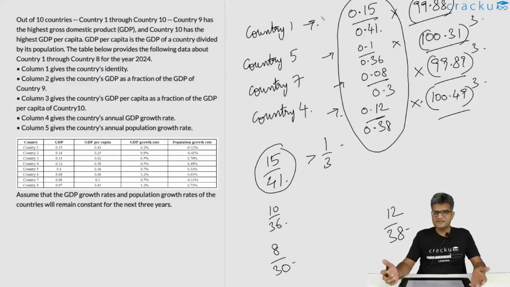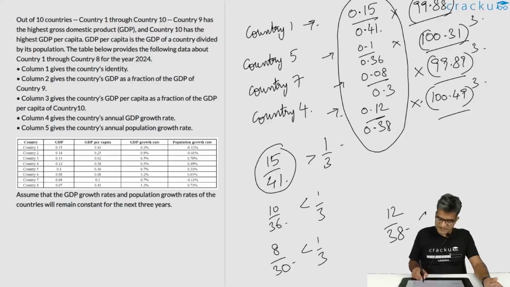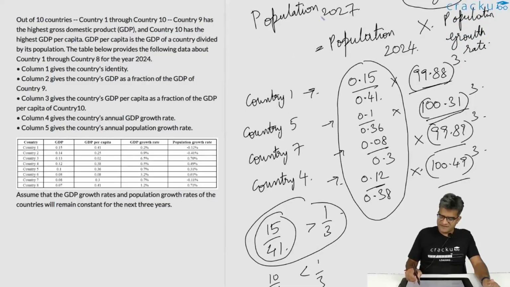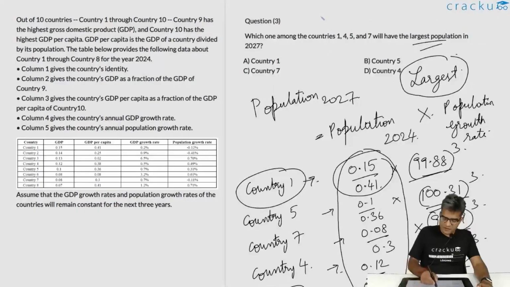Because 15 into 3 is 45. So 15 by 41 is actually greater than 1 by 3. This is less than 1 by 3. This is less than 1 by 3. This is less than 1 by 3. So the largest will be 15 by 41. The constant that we are multiplying, all of them are actually very close to 1 because the population growth rate is very, very small. So it won't really impact which of these is greater and which is lesser. So the correct answer will be country 1, which will be option A.